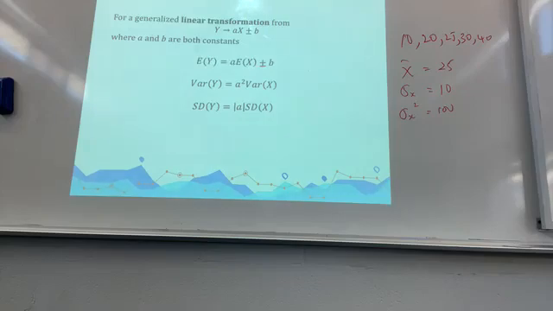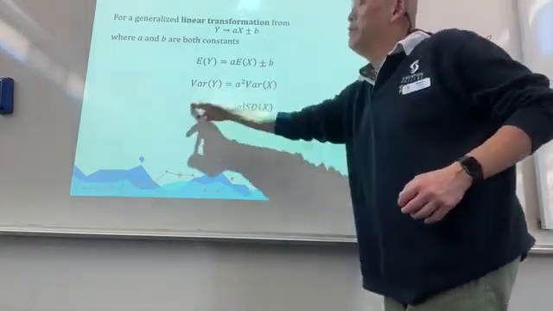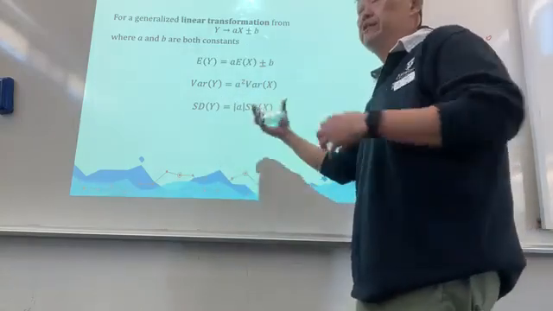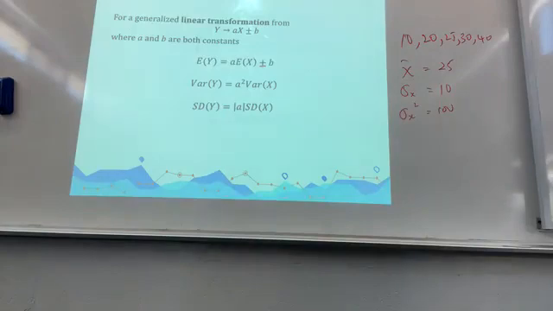And then the variance of y is a squared times the variance of x, because plus or minus b doesn't make any difference. The spread is still the same. Plus or minus b, again, does not make any difference to the standard deviation. The spread is the same, but with the change in scale, you've got to think about the change in the standard deviation as well. Alright?